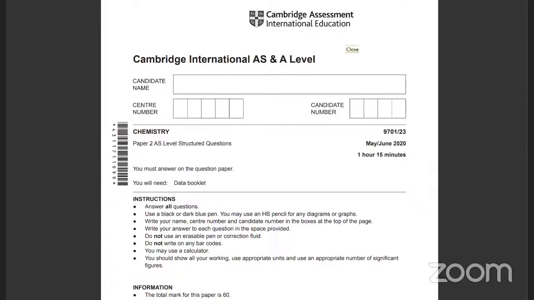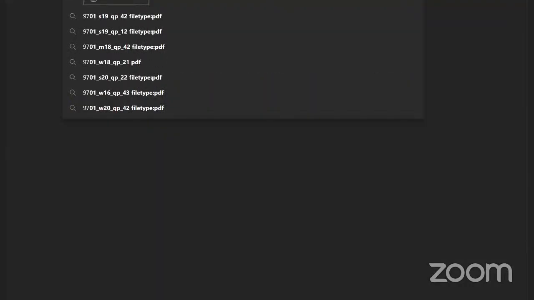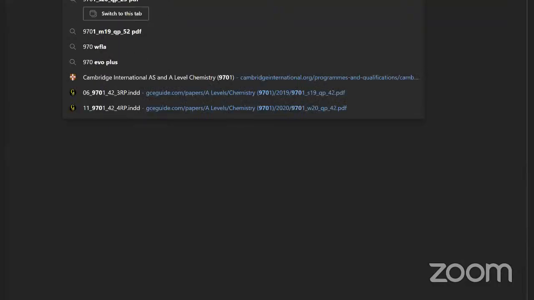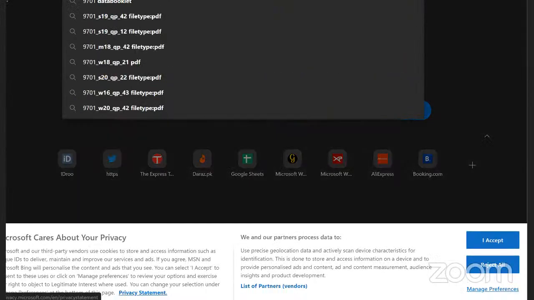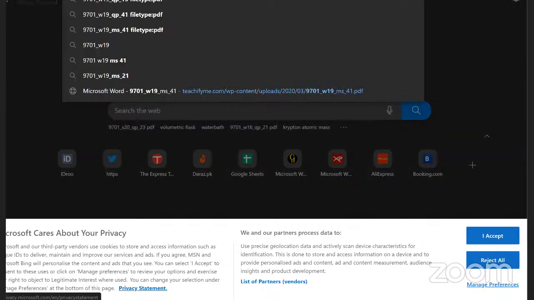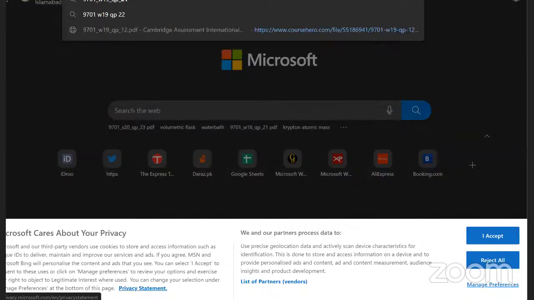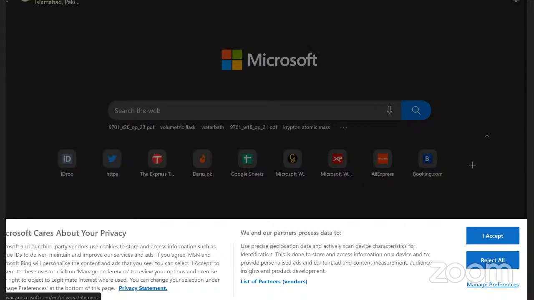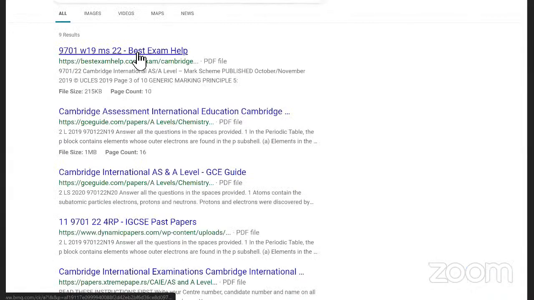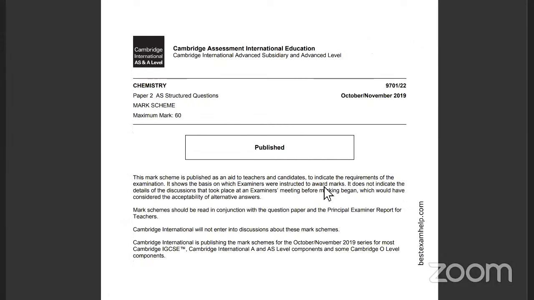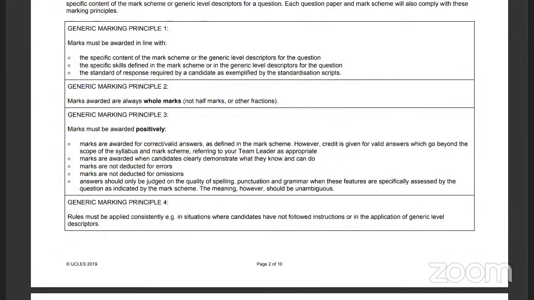2019 winter 22. So 9701. Winter 19 and 22, just 1 second. So, which question was this? This was question 1B1. Okay, that's actually the marking scheme.